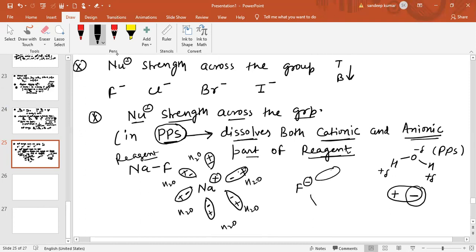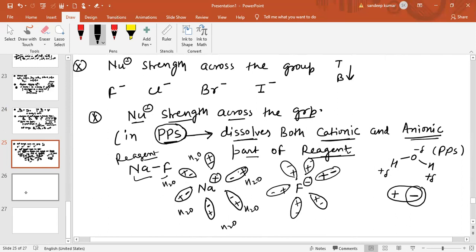So water will surround F minus also, by the positive end. So in this case, the reagent contains two parts, cationic and anionic, and the polar protic solvent dissolves both.